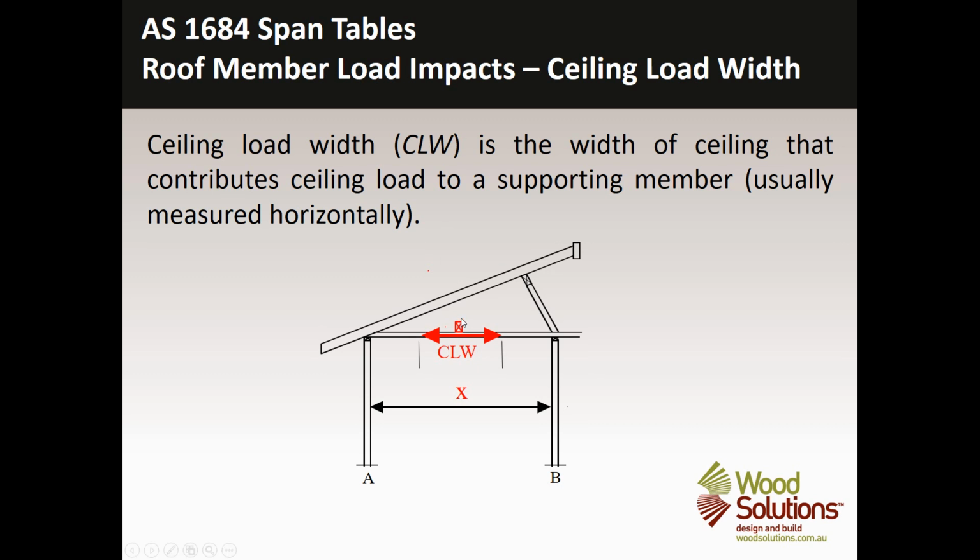And same for the ceiling load width. So we've got a hanging beam here. The hanging beam is not calculated as taking the whole ceiling load width. It shares that ceiling load width with this point of support and that point of support.